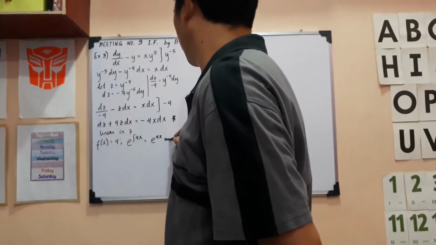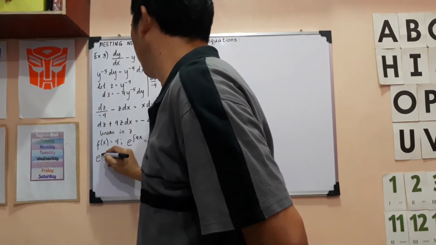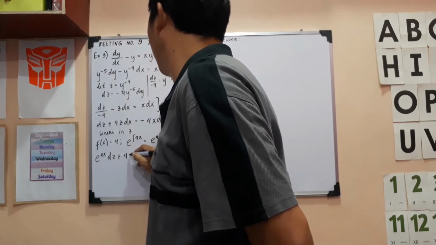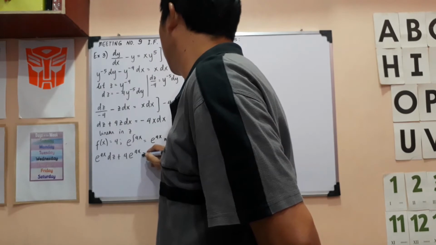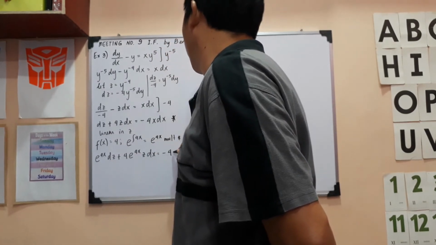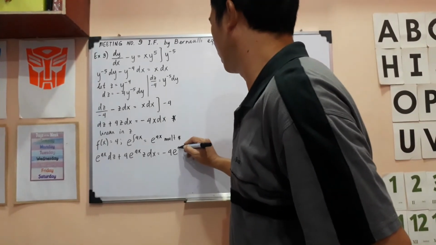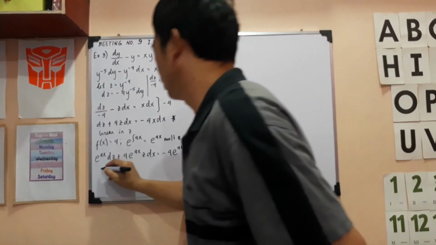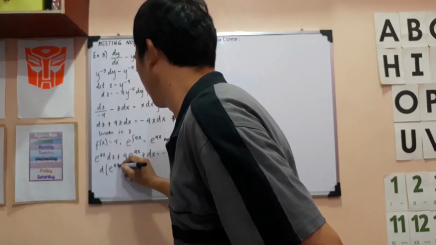So I have e raised to 4x dz plus 4 e raised to 4x z dx is equal to negative 4 e raised to 4x x dx. So this is the derivative of e raised to 4x times z.